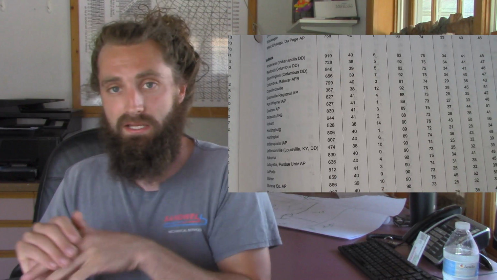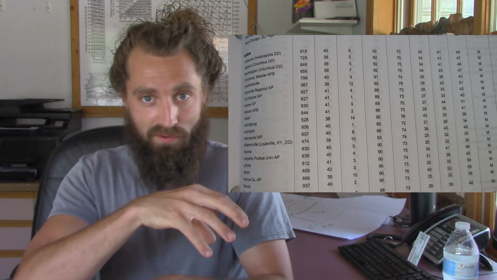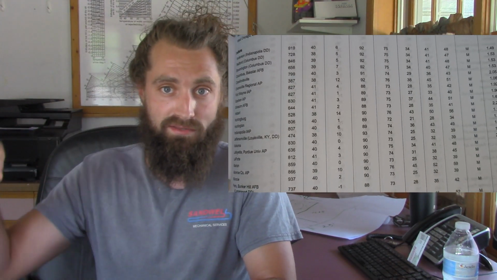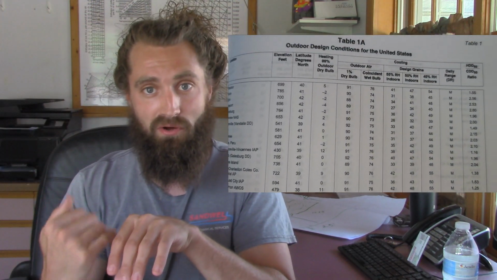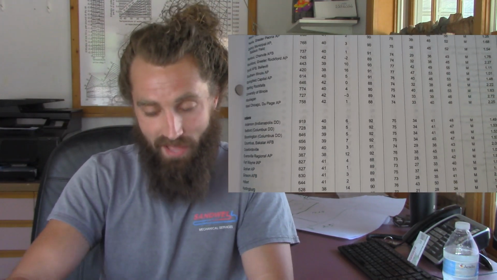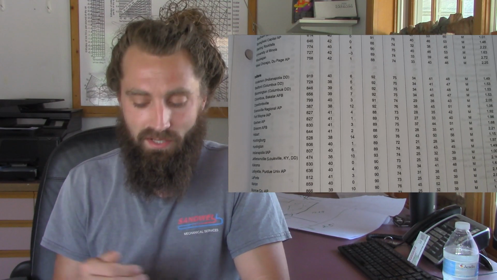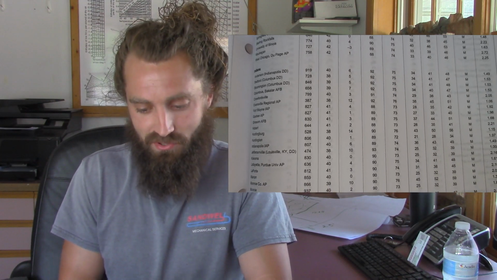Our software programs will take into account where the sun is based on our degree latitude throughout the day, so it knows how the sun is hitting the actual window based on our overhangs and everything like that. So that is what our latitude degrees north number is all about.